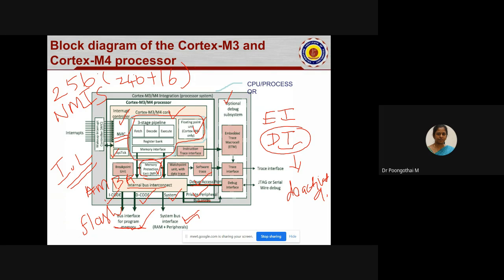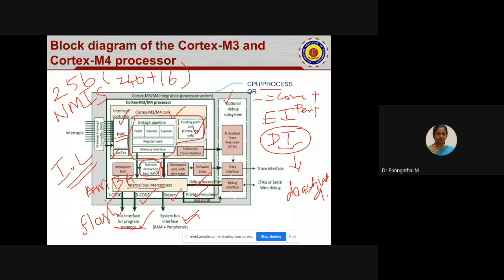What are the peripherals? Your NVIC, breakpoint unit, system tick timer, internal bus interconnect, memory protection unit. So the definition for this one is your processor represents core plus peripheral.